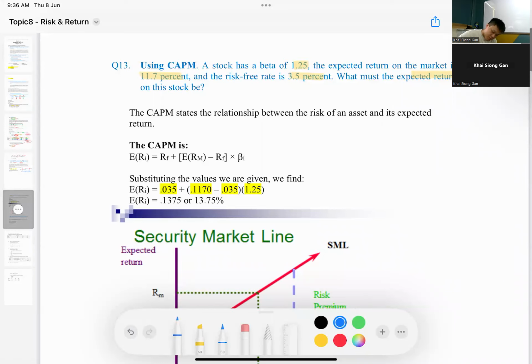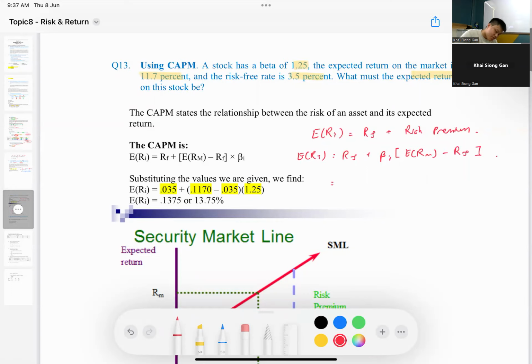Okay, so how do we do this? We use the formula. Expected return of a single asset equals the risk-free rate plus the risk premium. So I can rewrite it as risk-free rate plus beta times market expected return minus the risk-free rate.